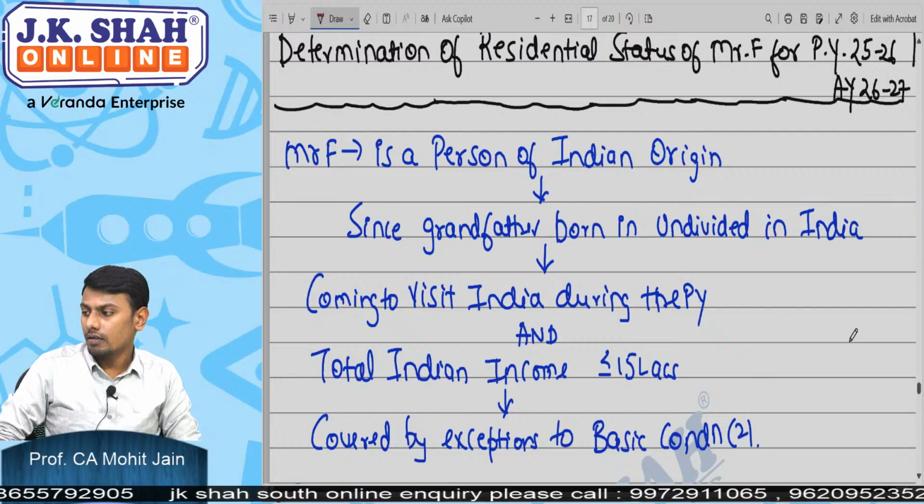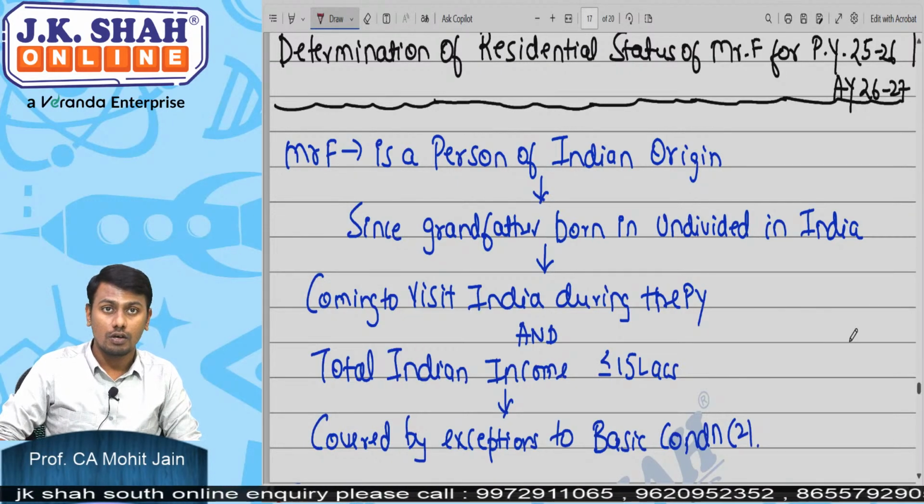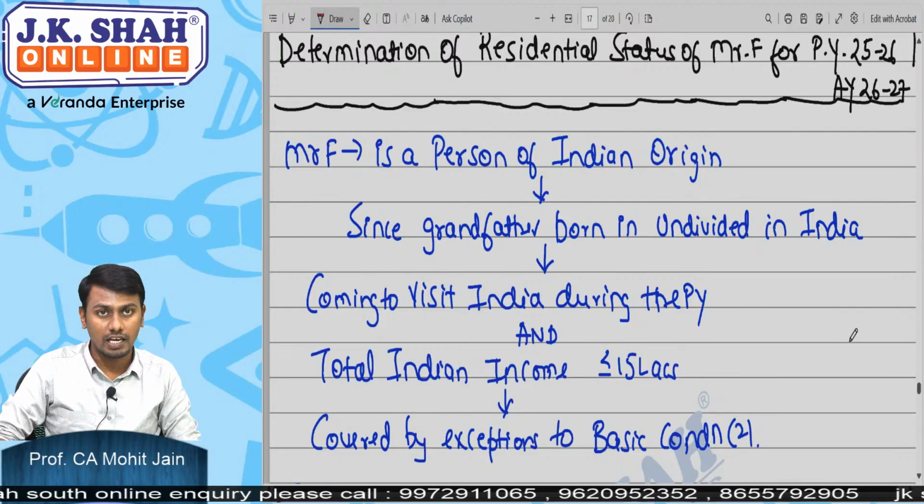Coming to India during the previous year, and Indian income is less than equal to 15 lakhs. So he is covered by the exception to basic condition 2.